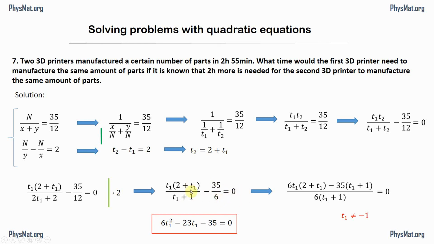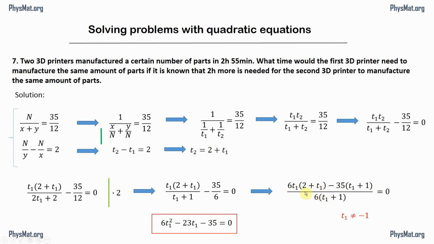And then we can do cross multiplication. Our denominator will be 6 times t1 plus 1. Therefore our t1 cannot be equal to minus 1, but we know that t1 is time, it cannot be negative, so it's always true. So therefore our equation is simply this numerator is equal to 0.